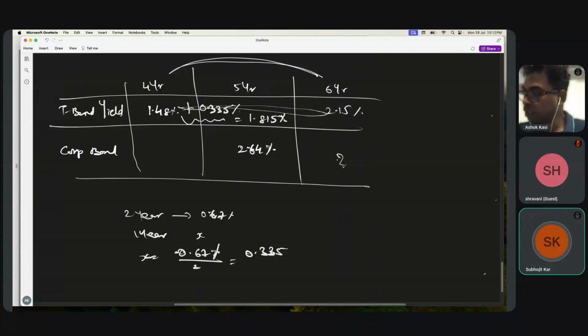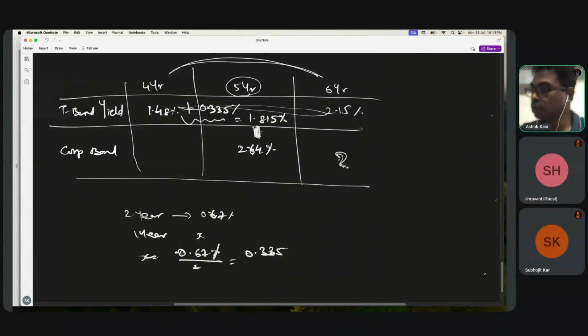So how do we get this one now? For 4, 5, 6 year, the corporate bond. Now what is the distance here? For a 5-year bond, what is the spread between the treasury bond and the corporate bond?